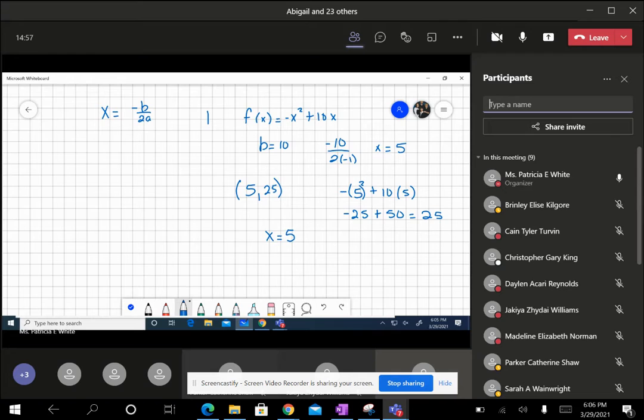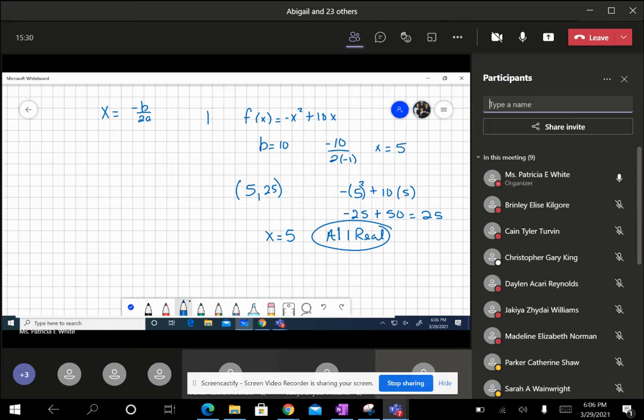What would x include? Remember, any quadratic has a domain of all real numbers because it's a parabola that's going to continuously get wider and wider. And remember, domain's your x and range is your y.